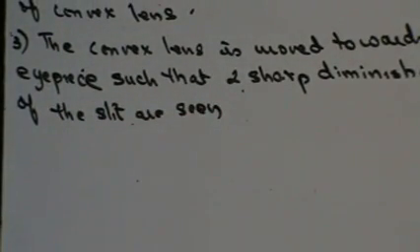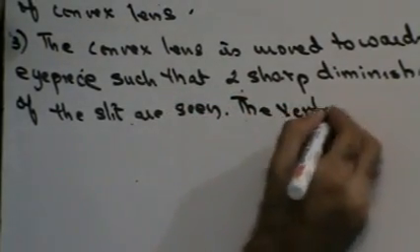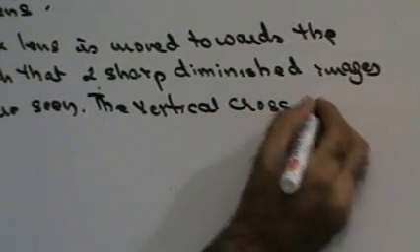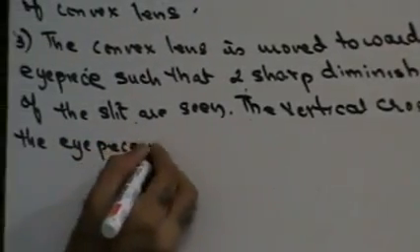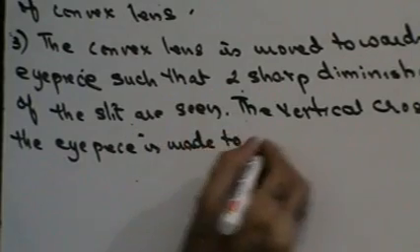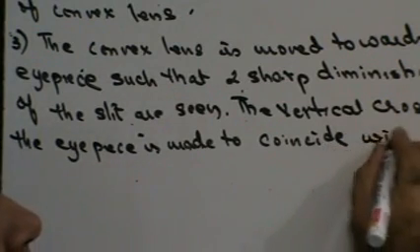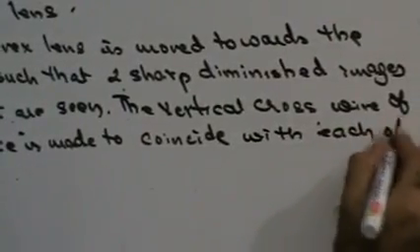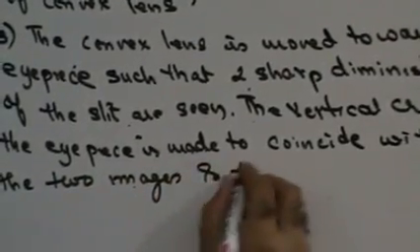Fine. Now the vertical crosswire of the eyepiece is made to coincide with each of the two images and the reading is noted.